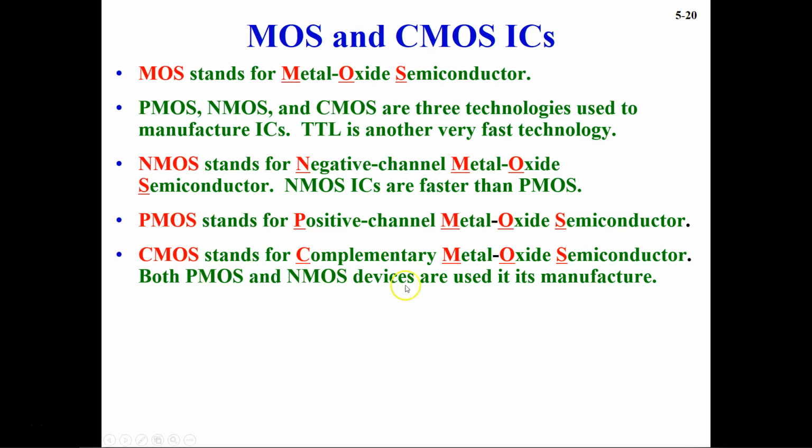Both PMOS and NMOS devices are used in its manufacture. Cost wise, these CMOS ICs are very low, and they are simple in design. They dissipate less heat. They have good fan out.